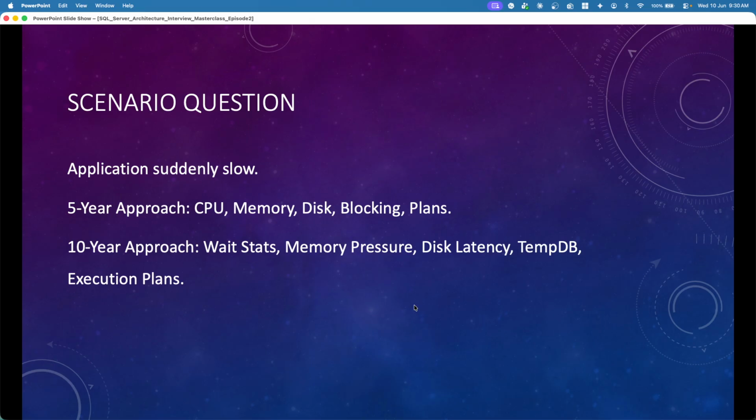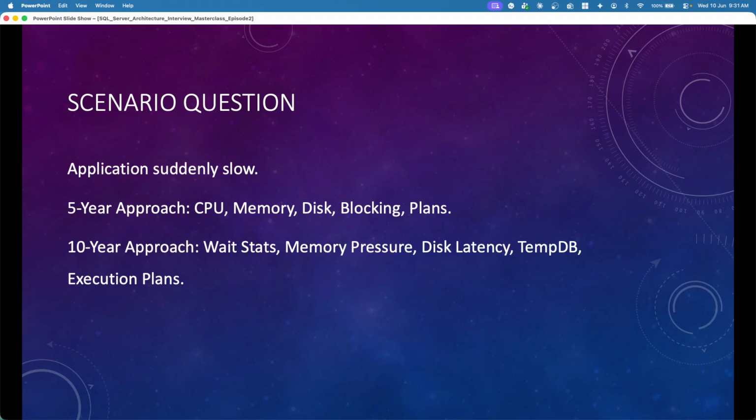So if a panel wants to ask a scenario based question, they can say the application is suddenly slow. So as a 5 years experienced person, what will he check? First, he will check the CPU, the memory, the disk, whether there are any blockings, and whether any plans or jobs are running during that time.